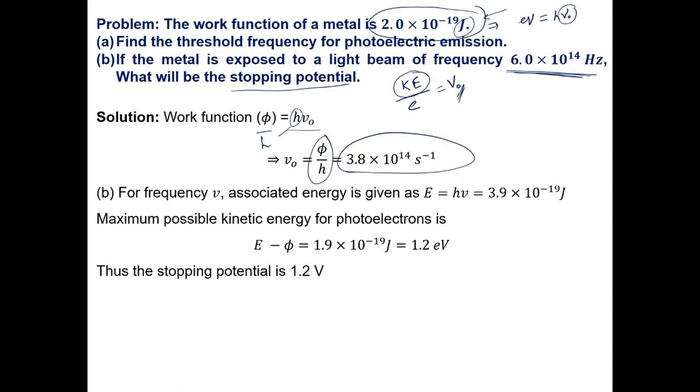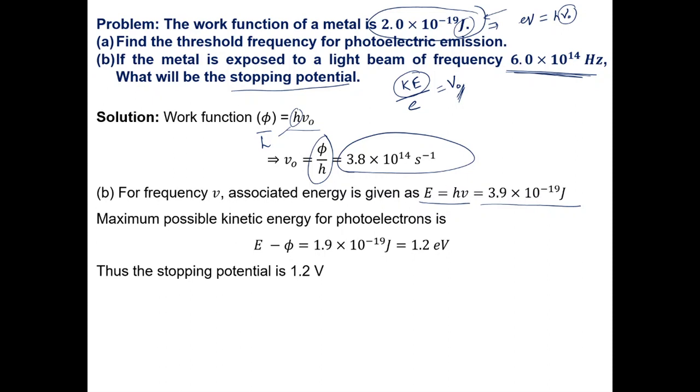Now for the frequency nu, the associated energy is h nu, and if we feed the given nu into it, the energy comes out to be 3.9 into 10 to the power minus 19 joule.